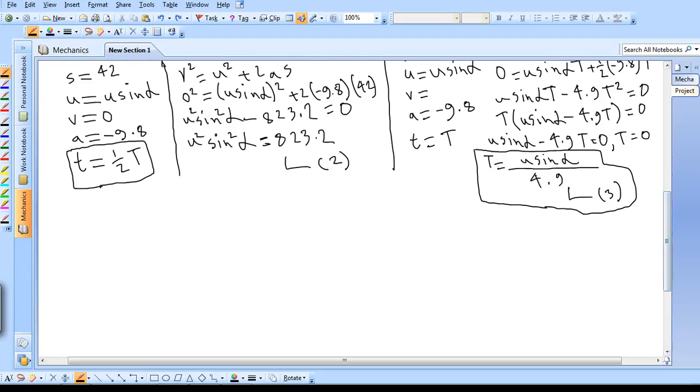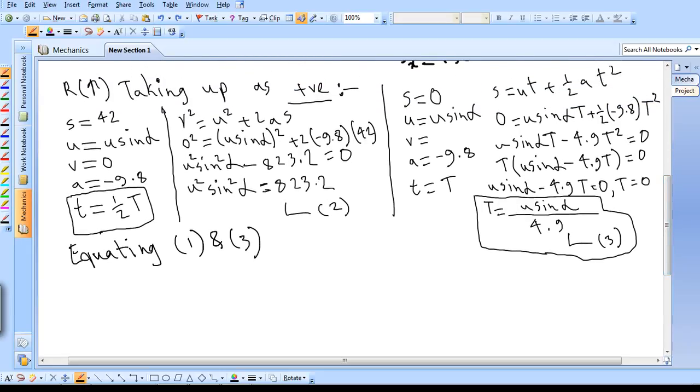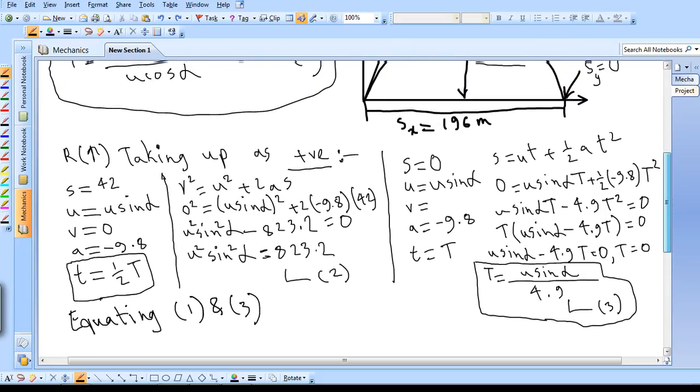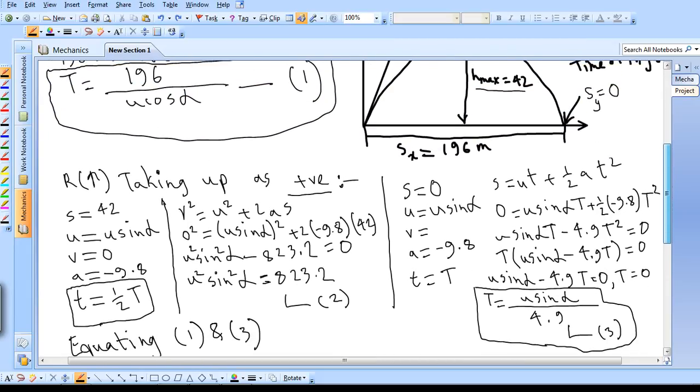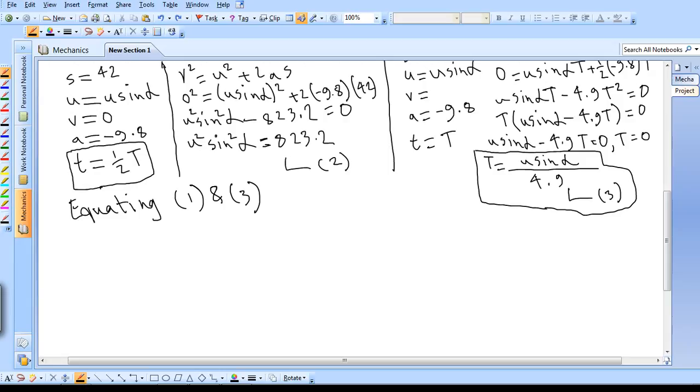It's just a simple arithmetic procedure. So why are we able to equate equation number 1 and 3? That's because the time of flight is the common thing here. So this equation matches with this equation, so we have equated them.